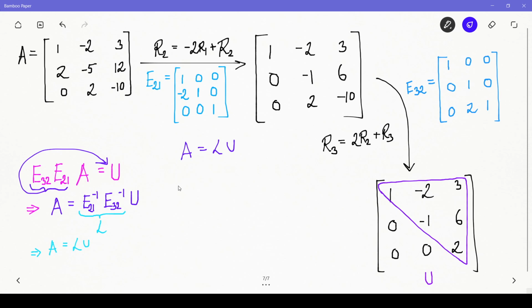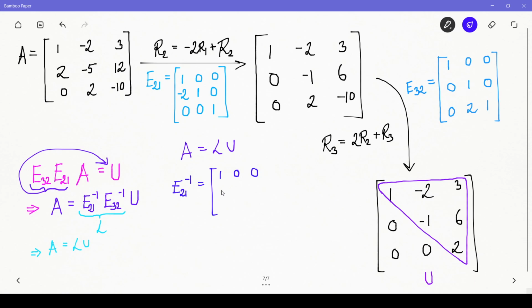So let's say for e21, our target is to find the inverse of e21, right? So what can we do? We can simply keep all the entries along the diagonal and all the entries above the diagonal as they are, and all the entries below the diagonal, we just flip their polarity.